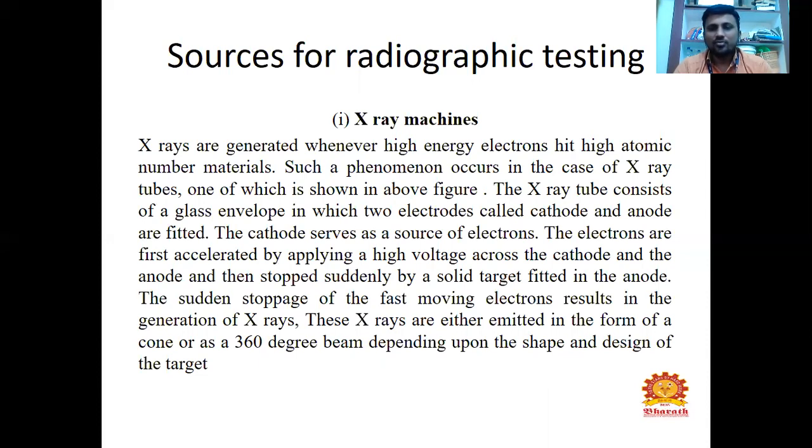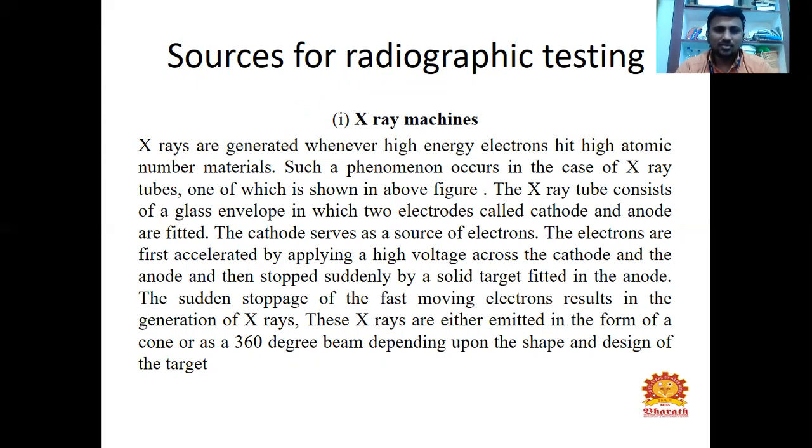The X-ray tube consists of a glass envelope in which two electrodes called the cathode and anode are fitted. The cathode serves as a source of electrons. The electrons are first accelerated by applying a high voltage across the cathode and the anode, and then stopped suddenly by a solid target fitted in the anode.